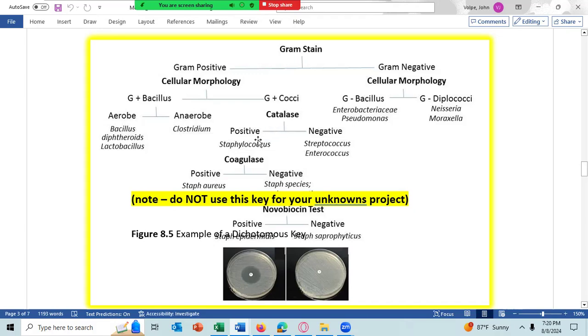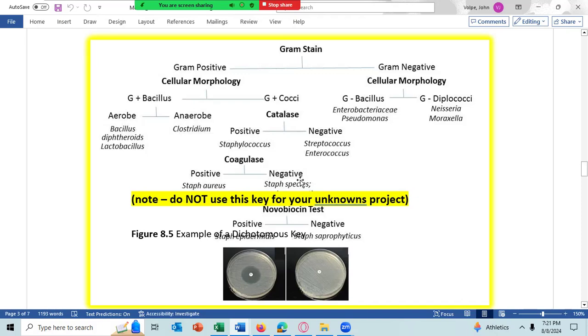For catalase positive, gram-positive cocci, you can then do the coagulase test, and if it's coagulase positive, then it is species Staphylococcus aureus, because it's the only Staphylococcus which is coagulase positive. If it is coagulase negative, it's some other member of the Staphylococcus family.